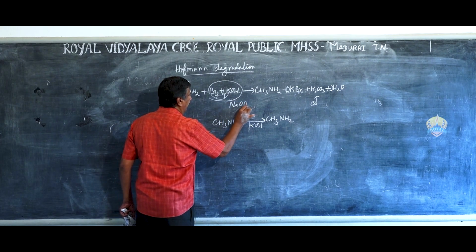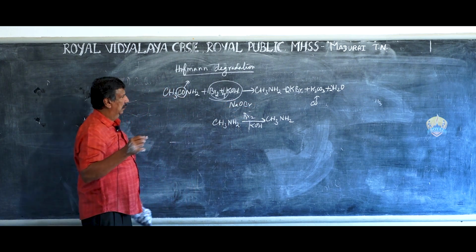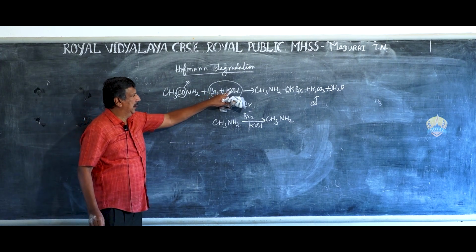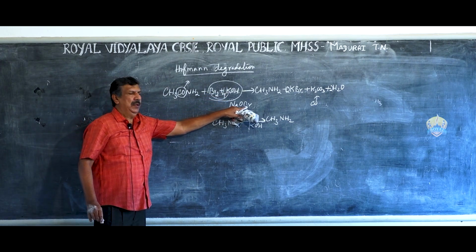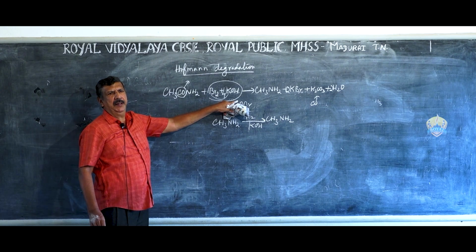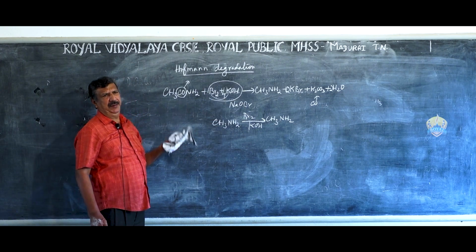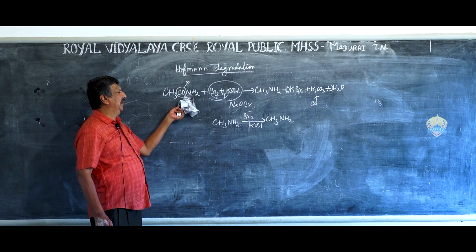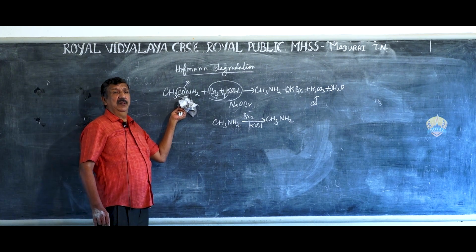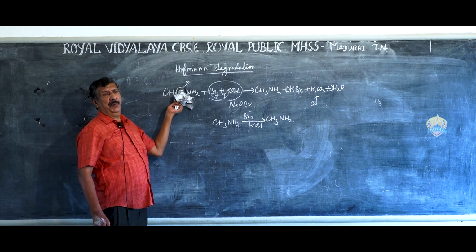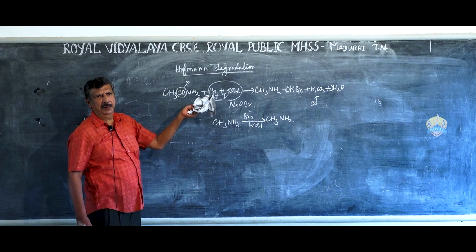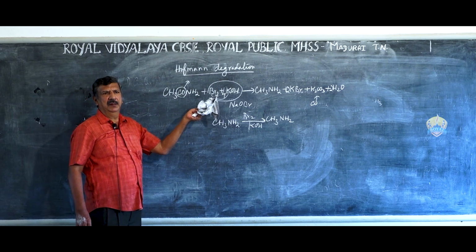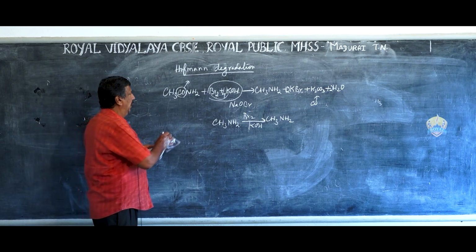Both are same. They give bromine alkali or NaOBr. Both come under Hoffmann degradation. This method is used to convert higher carbon to lower carbon. That is the technique followed here. So, okay. Next one.